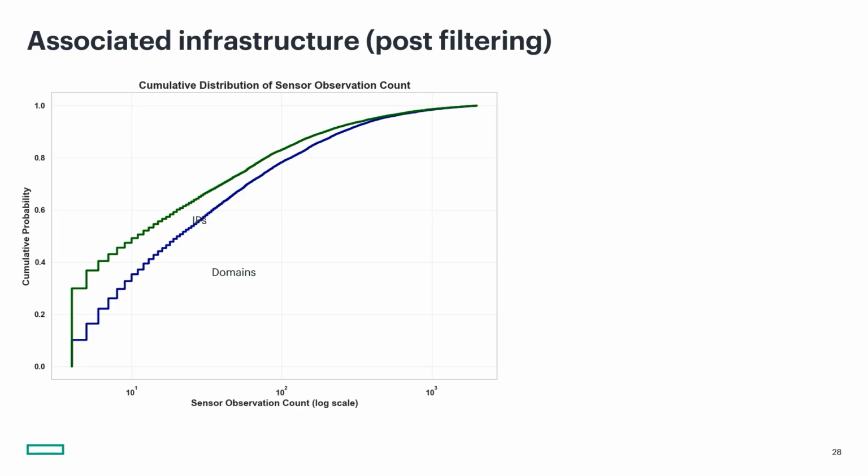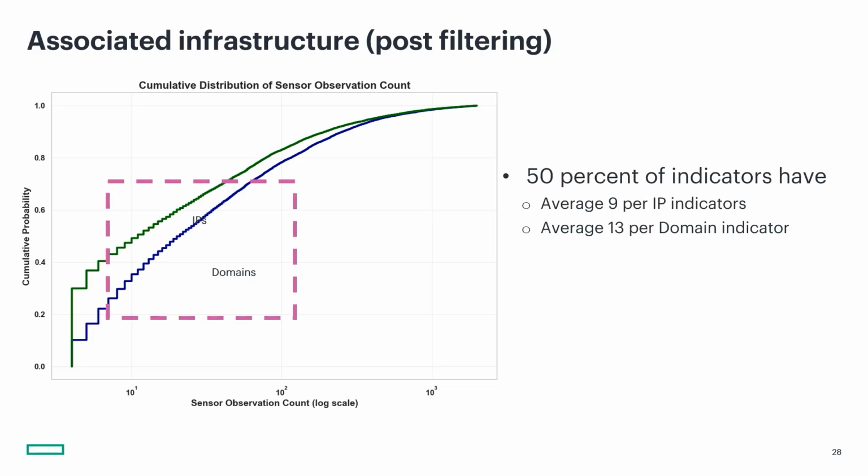Now, the associated infrastructure, after we do all our filtering, what we're finding is at about a 90th percentile, we end up with maybe 100 times more in terms of IPs, and a similar count in terms of domains. That means you start with a feed which could have like 1,000 entries. You end up with one which has about 100,000 entries. So that's still within the realm of something that's possible to manage.